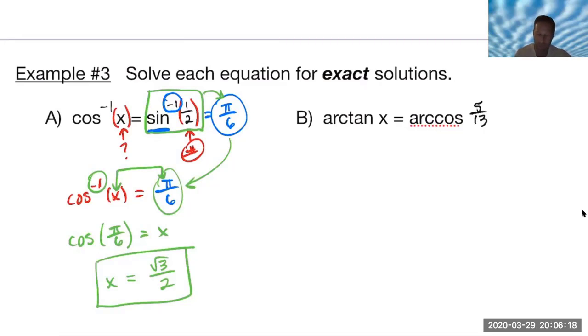You can see part B is a little bit more daunting, because on the right side, we don't necessarily know an angle, which is what this is asking, for cosine that gives us 5/13. The cool thing is, we don't need to. So I'll rewrite this as arctan, or inverse tangent of x, equals, all I know is that this is asking for some angle.